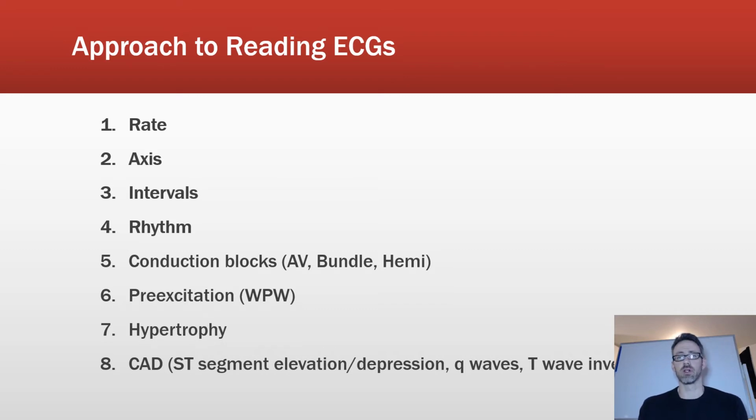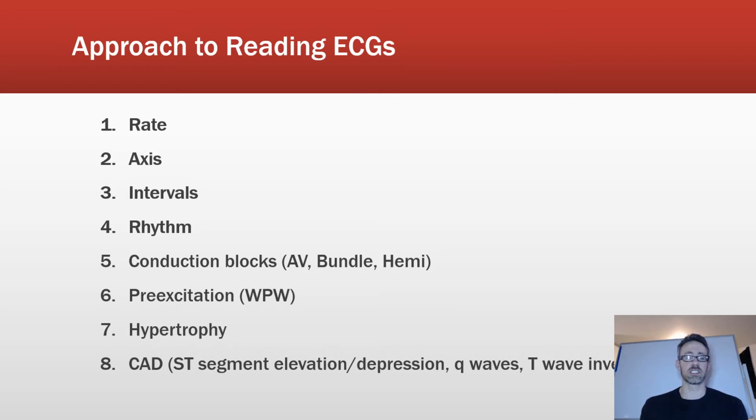You might see a right axis deviation when there's right ventricular hypertrophy. Clinically that might mean chronic lung disease causing chronic cor pulmonale, or an acute cor pulmonale, like a pulmonary embolism, might cause right axis deviation.